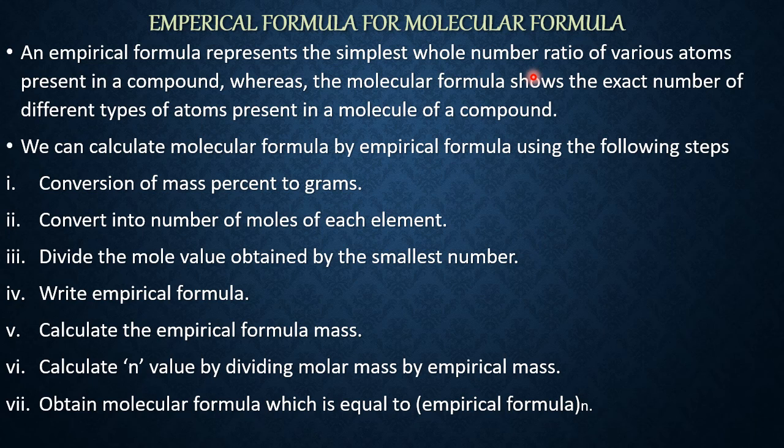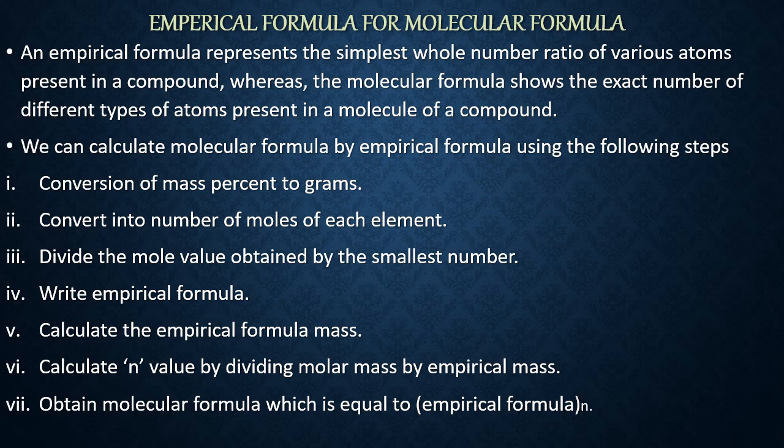For this, we require the knowledge of percentage composition. That's why the percentage composition chapter was discussed before empirical formula and molecular formula. So, with the knowledge of percentage composition and respective atomic masses, you have to refer to the atomic mass tables.